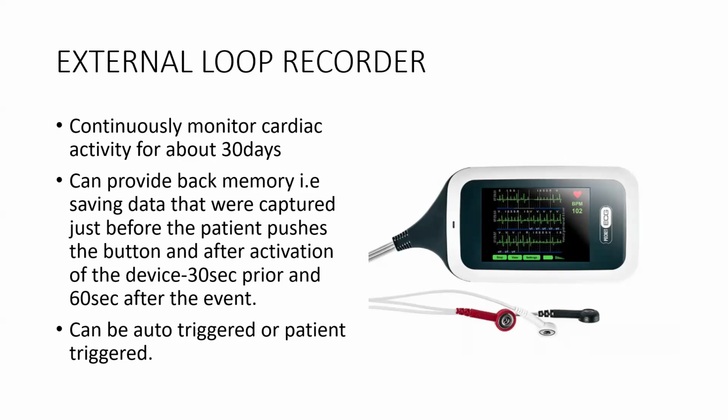recorder, we continuously monitor cardiac activity for about 30 days and can provide back memory. That's saving data that were captured just before the patient pushes the button and after activation of the device. So 30 seconds prior and 60 seconds after, unlike the post-event monitor.